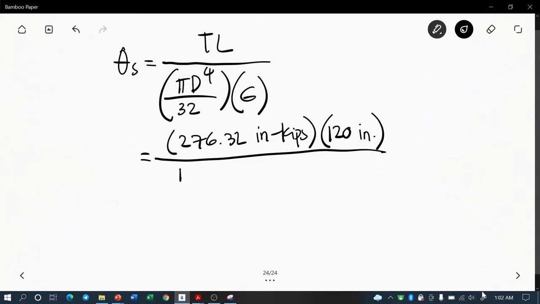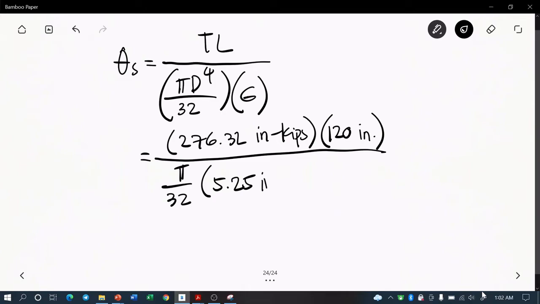Then in the denominator, pi over 32 times the computed value of the diameter for a solid shaft, which is 5.25 or 5 and 1/4 inches. So we're going to substitute it here. 5.25, remember, is the standard size, so that's the value that we're going to use here.